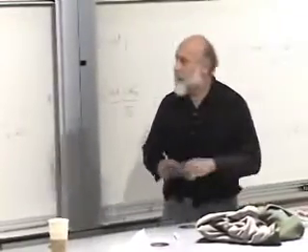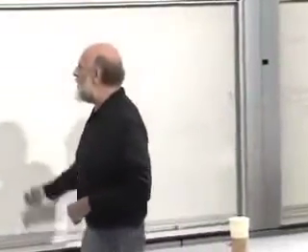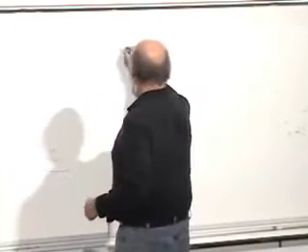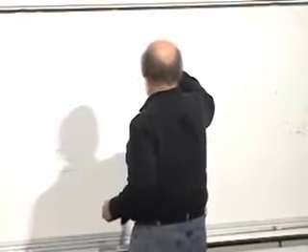What does that mean? That means if you start with a wave function A, and under time or under some process, it transforms into wave function, let's say A prime.